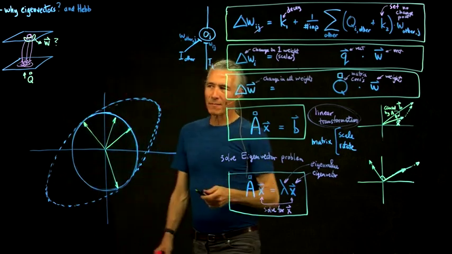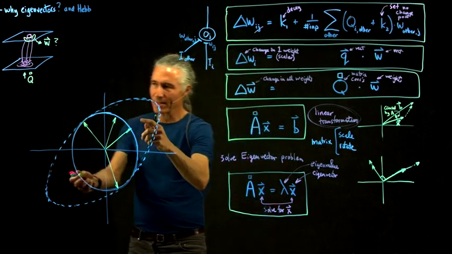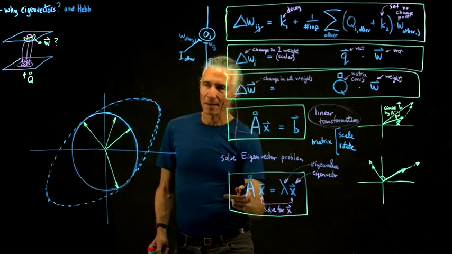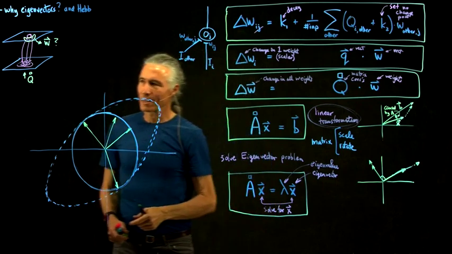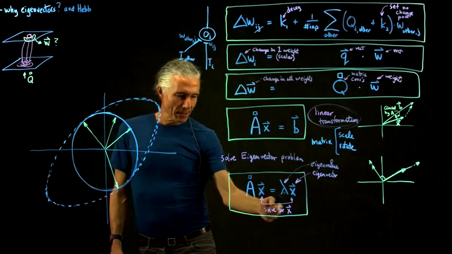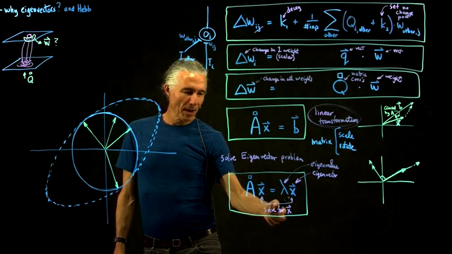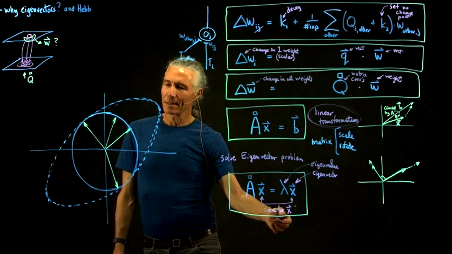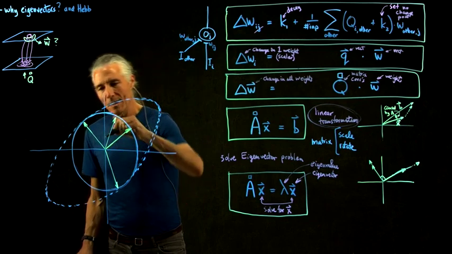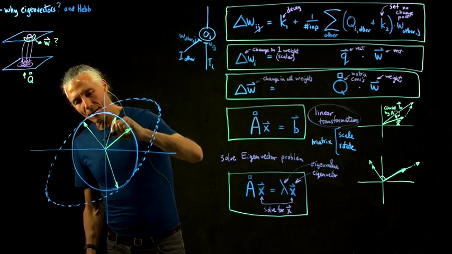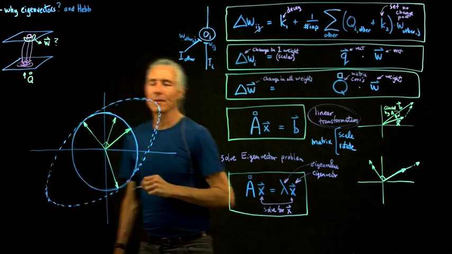So if we took the matrix that did this, the A matrix, and solved this eigenvalue problem, we'd end up with two x's, one in this direction and another perpendicular to that first one.